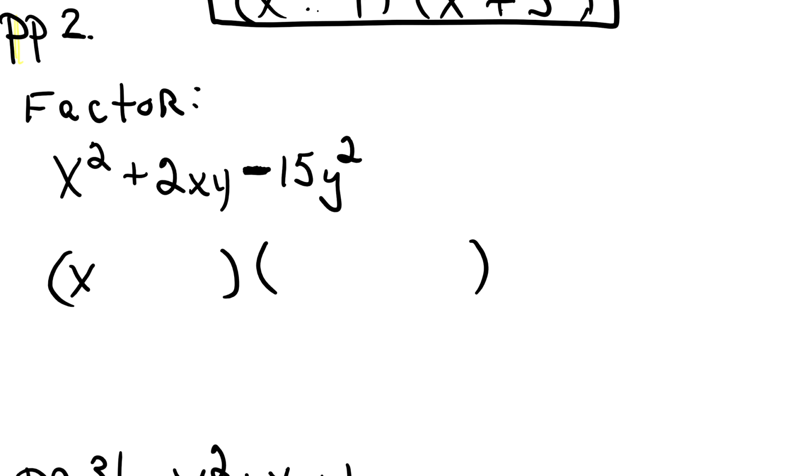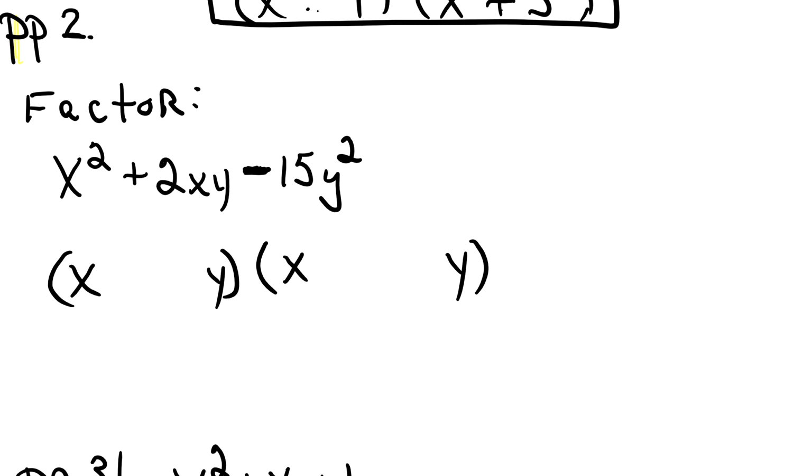So I know an x will go here and an x will go here. Now to deal with this y squared at the end, I'm going to put a y at the end of both binomials, a y here and a y here. Now think about when I multiply y times y, what do I get? Y squared. That's the last in FOIL.